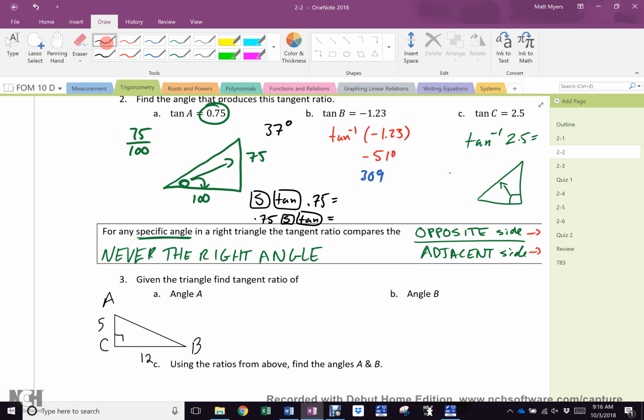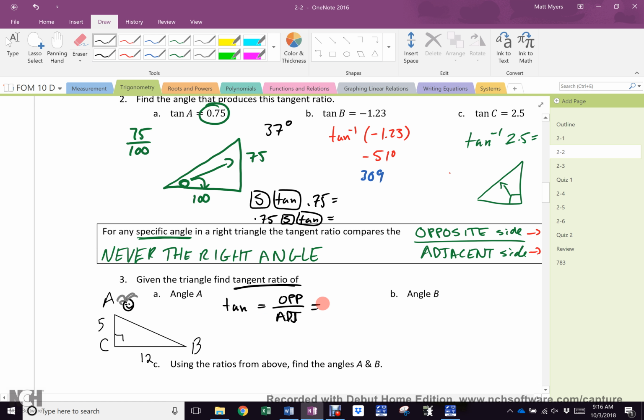So here I am with my gray hair and my smiley face. I'm at angle A, yes? Because I care about angle A right now. I want the tangent of angle A. Tangent equals opposite over adjacent, yes?